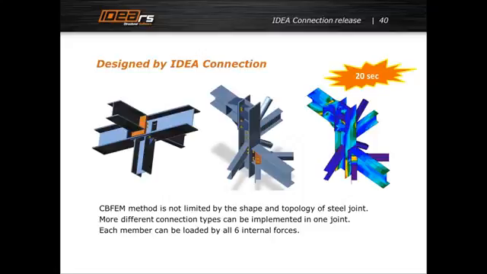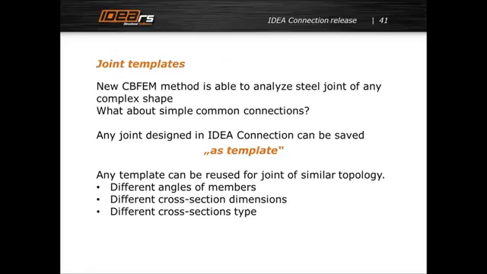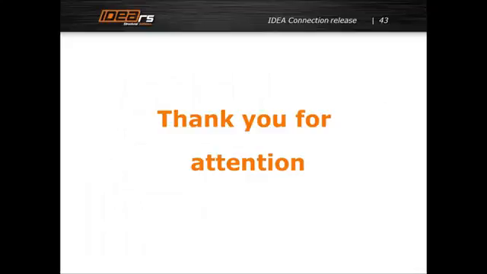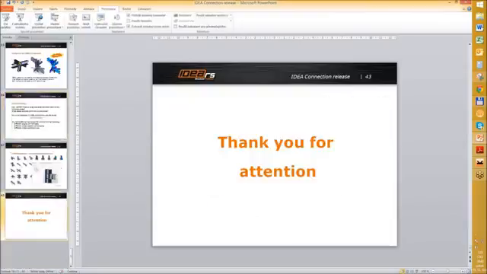We do a 3D model, and we are able to calculate very complex joints like this one, and the results you have in several seconds. In contrast to these very complex joints, we support the simple ones with the templates which I already showed. This is our offer of things, and this is the end of my presentation.